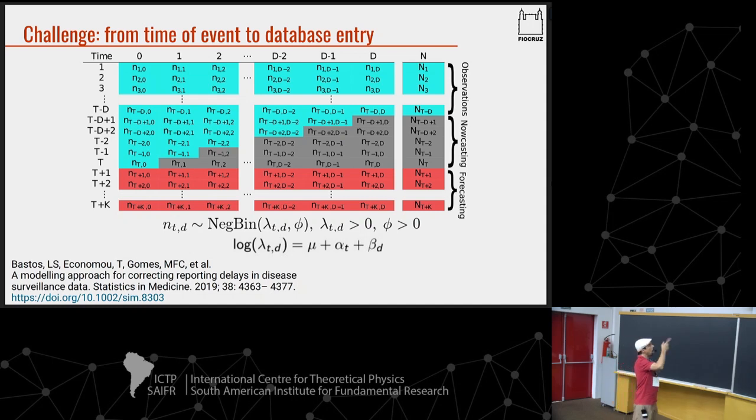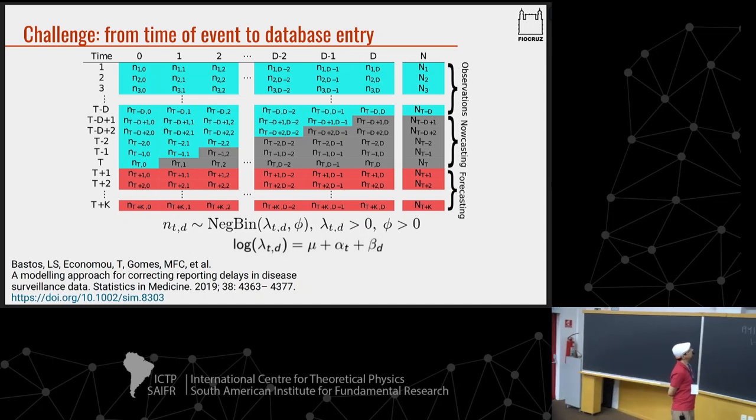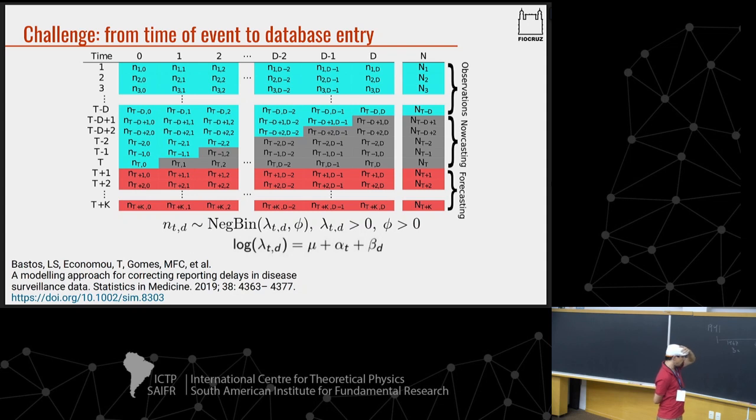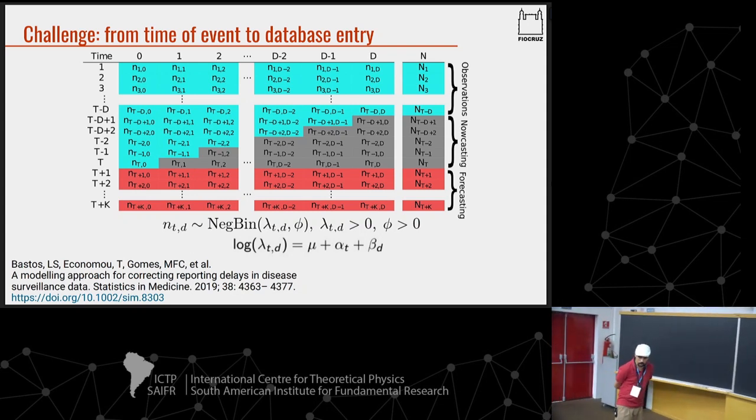So one way to tackle that: we took advantage of a model that was developed in actuarial sciences to predict the future cost associated with insurance events that already happened but were still not informed. It's more or less the same idea.